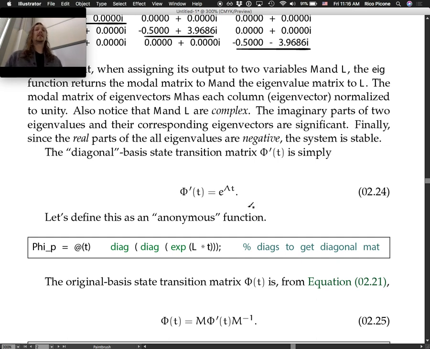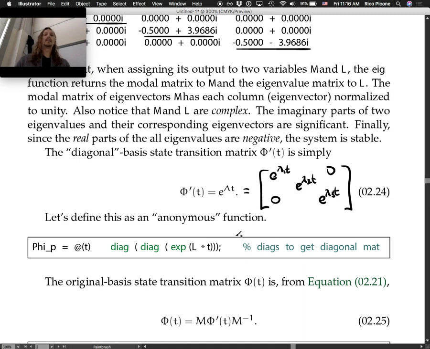But remember, this is supposed to look like e to the lambda 1 t, e to the lambda 2 t, e to the lambda 3 t, with everything else being zeros. So along the diagonal, if you just take e to the Lt, you have exactly what you're looking for. But along the off diagonals, we have e to the 0, which is 1. We don't want 1 out here. We want zeros out here.